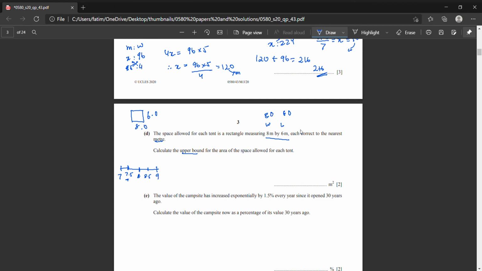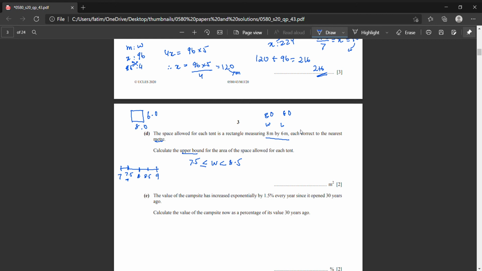So essentially, the width can be a maximum of 8.5 but not 8.5, because if you take 8.5 that will round to 9, so anything before 8.5 rounded would give you 8, and 7.5 inclusive rounded would give you 8. So that's what I mean.